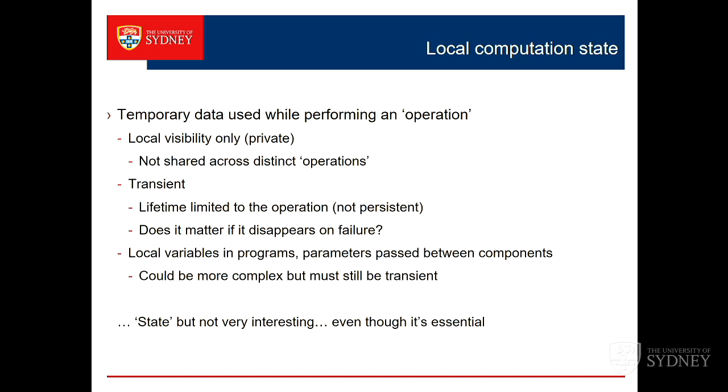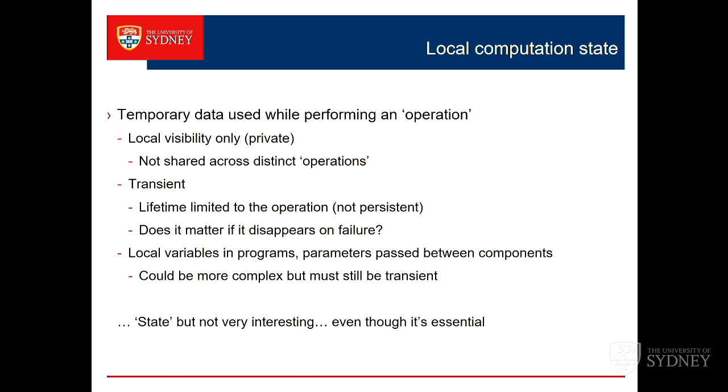It's inherently non-persistent. And if the application fails, then I'll lose all this transient state, and that may well not matter as long as something else can restart the whole operation, in which case I'll just go and declare x again and put a value in it just like I did before.